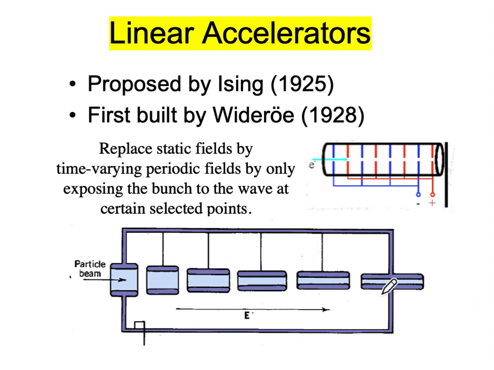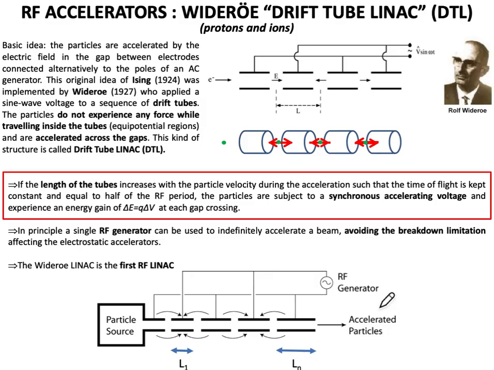So here it is an alternating field that they are applying. The basic idea is that the particles are accelerated by the electric field in the gap between electrodes connected to alternating poles of an AC generator.